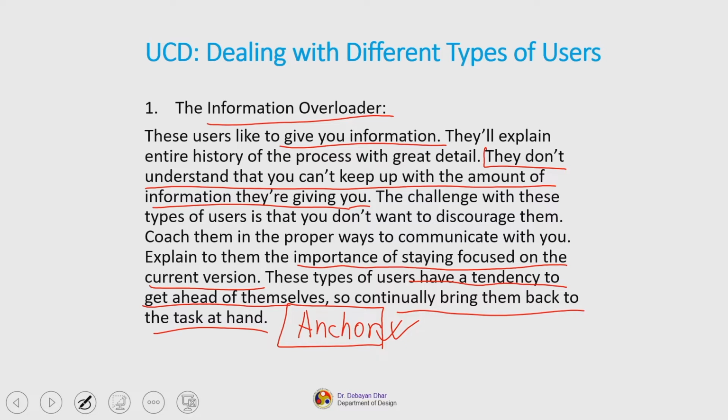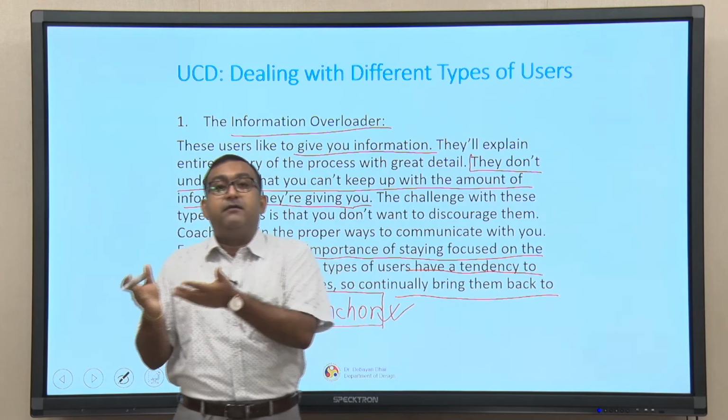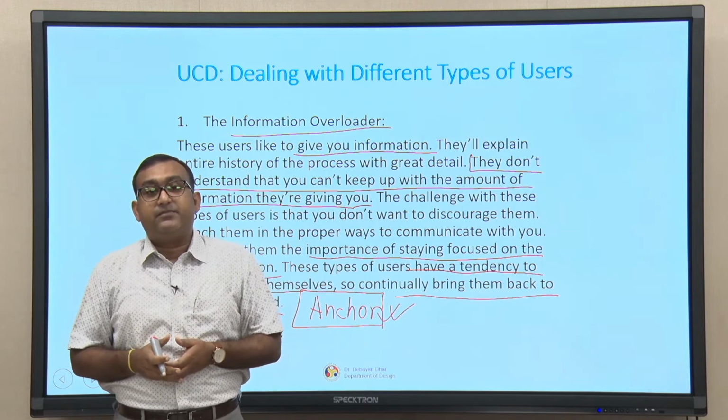Because of this attitude, when you as a designer, you as a design team, approach these people for conducting user studies, you will get a lot of information overload. You would get confused and perplexed about how to handle these situations, and how to ensure that all this information is distilled, refined and put into perspective.